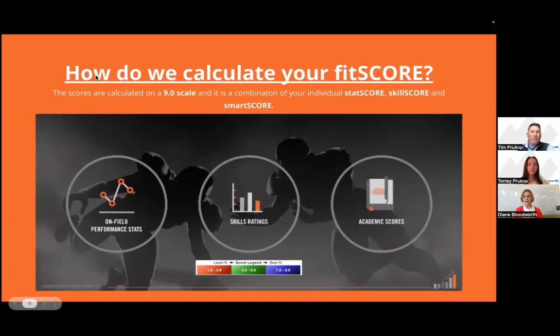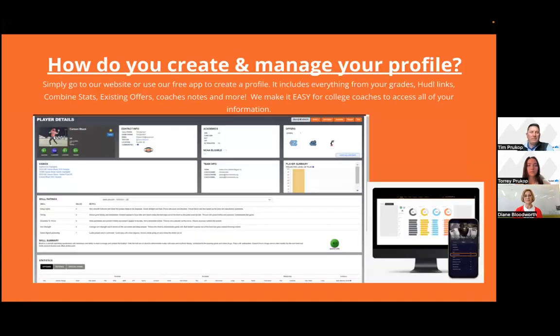You're going to see a stat score, and that is your high school stats, and we compare you to all the other players in your position. They can do a skill evaluation or a skill rating. We worked with the NFL Scout to come up with the skills by position. The college coaches, again, can customize that somewhat. And then your academic scores, which is really your GPA. Next slide.